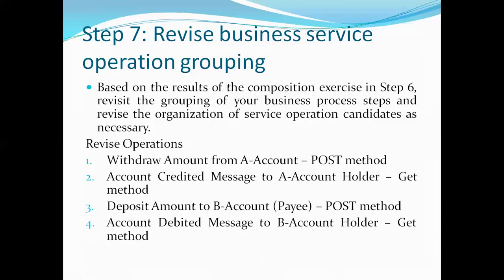So slightly the sequencing is again changed, and I have revised the operation. Now my revised operations are: withdraw the amount, then send the credited message, then deposit the amount, and then send the debited message. So, revising the business service operation.